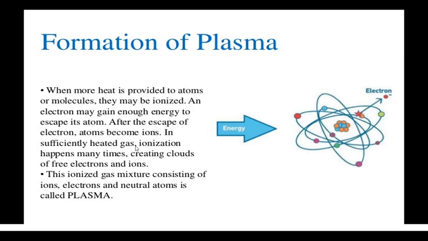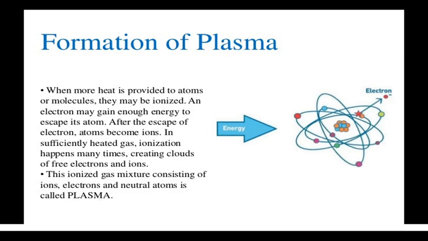In a sufficiently heated gas, ionization happens many times. Whenever we provide more energy, more and more electrons will be liberated out of the atom, so that the atom gets more ionized. So there will be a mixture consisting of ions, electrons as well as neutral atoms. Such a mixture is known as plasma. This ionized gas mixture consisting of ions, electrons and neutral atoms is called plasma.